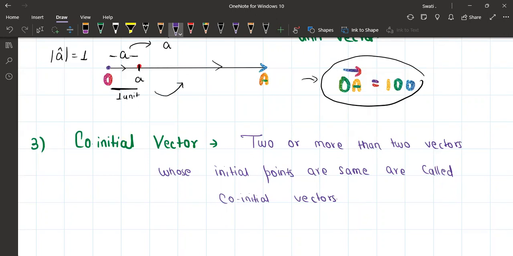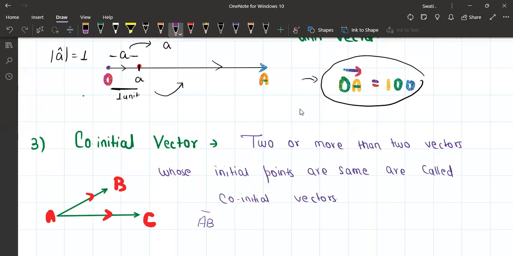Here I'm drawing two vectors, AB and let's say AC. You can see that we have two vectors.